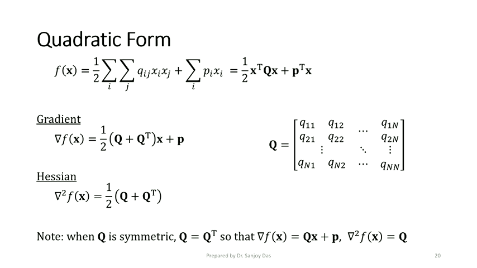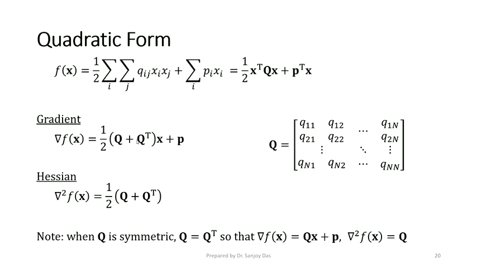Now, 99% of the cases, in the real world and any application, Q will be a symmetric matrix. In which case, when Q is symmetric, then what happens?